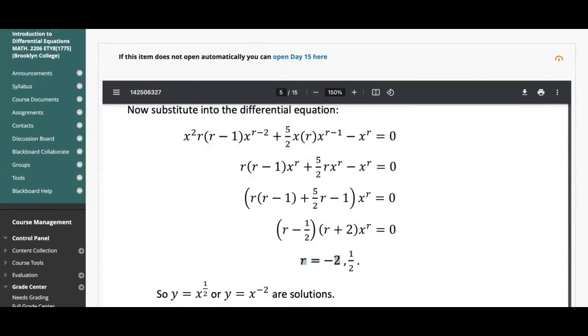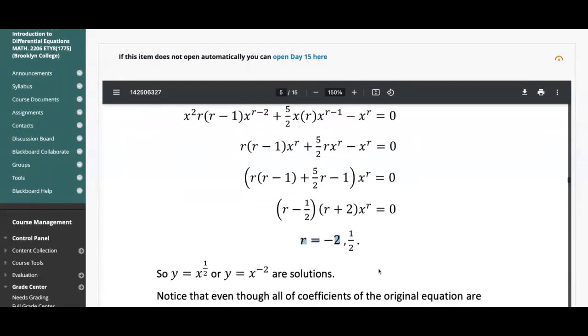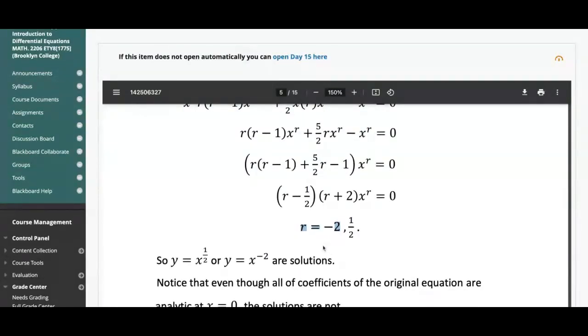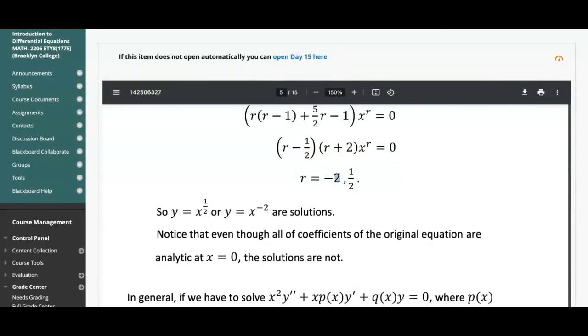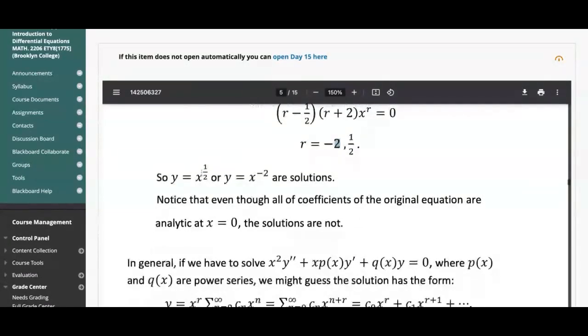So we get r equals, in this case, two numbers. The possibilities for r could be two integers, or an integer and a fraction. So in this case, we get -2 and 1/2. So we think y equals x raised to the half, or square root of x, and 1 over x squared are solutions.